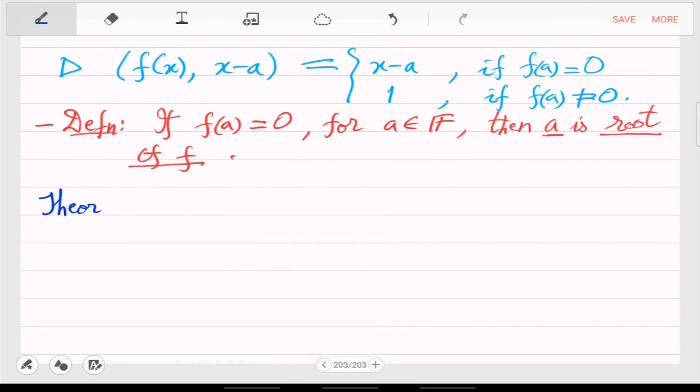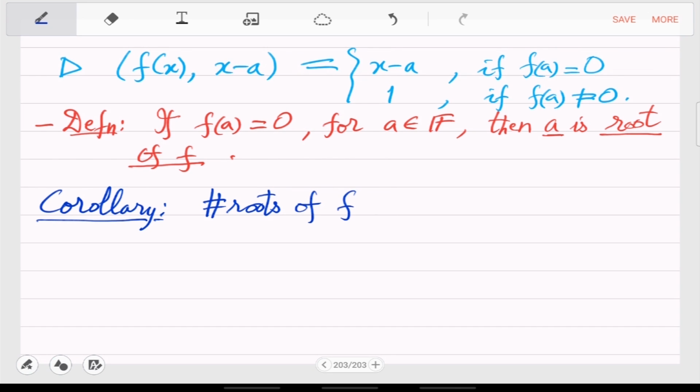So that's another major property of polynomials. It's used a lot in computer science. In fact, it's a corollary of that theorem. So the number of roots of f in F is less than or equal to the degree of f.